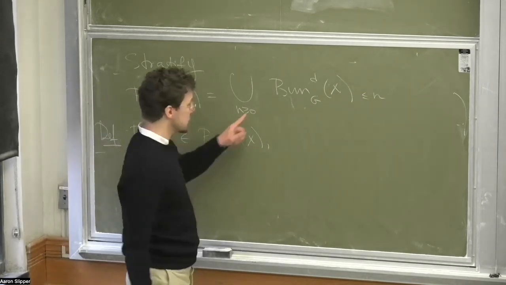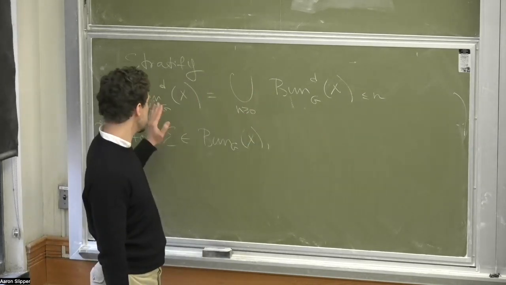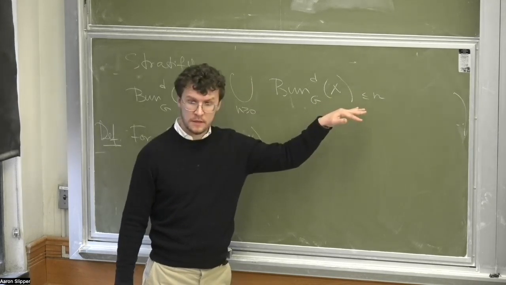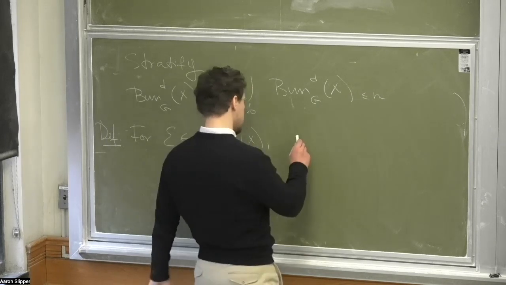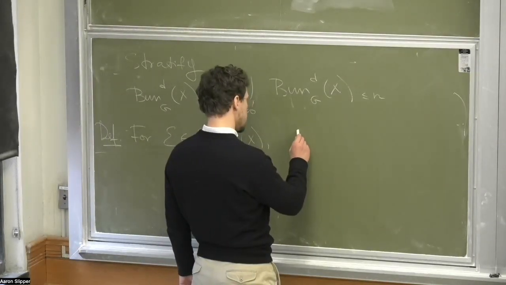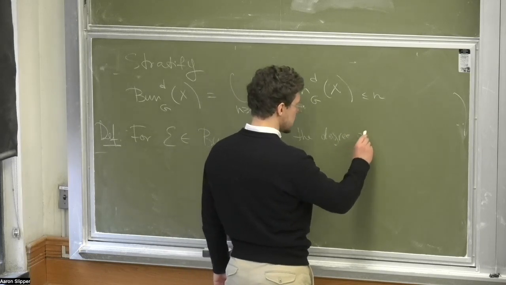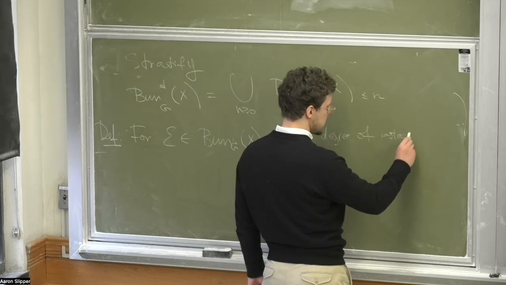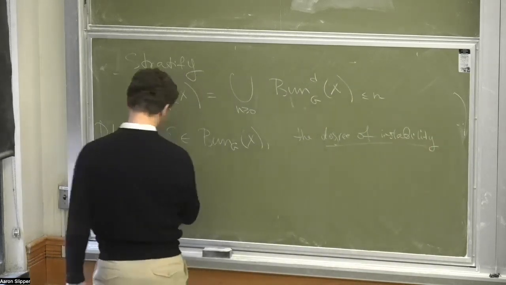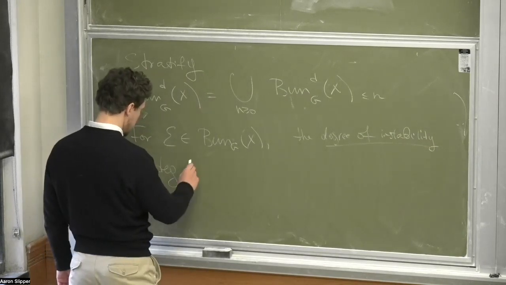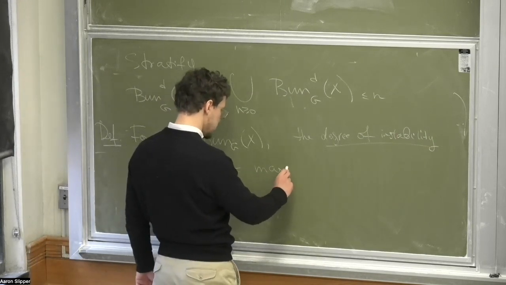So now this was a decomposition into a disjoint union. Here it is going to be an increasing union of certain substacks. First I give the following definition for a bundle on X: the degree of instability, denoted d_I, is going to be the maximum over the following.